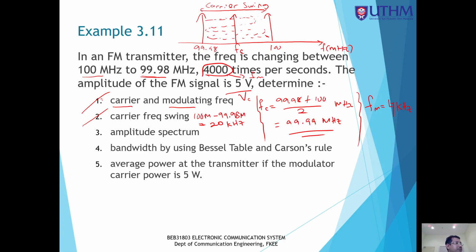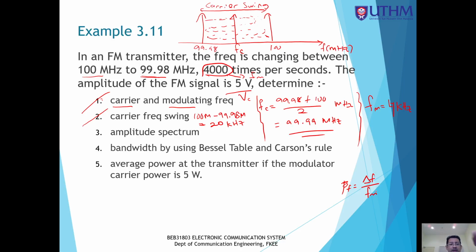First of all, we need to find the value of beta. So how do we find the value of beta? Beta is equal to delta f over fm.